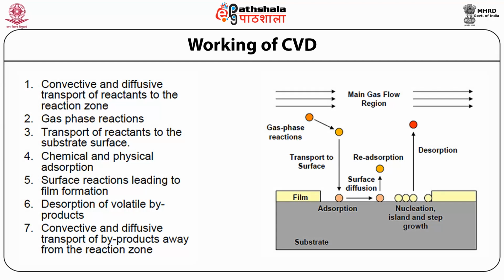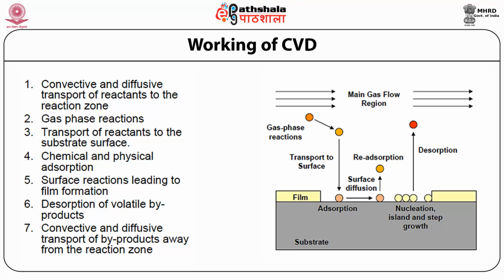Working of CVD. Here it has been shown in a slightly more elaborate way, so I will tell the process step by step. First, convective and diffusive transport of reactants to the reaction zone. Then gas phase reactions take place, and then we transport the reactants to the substrate surface.